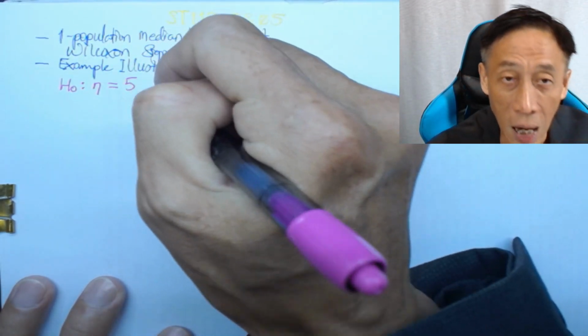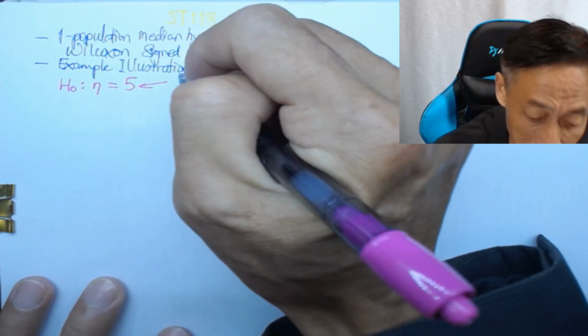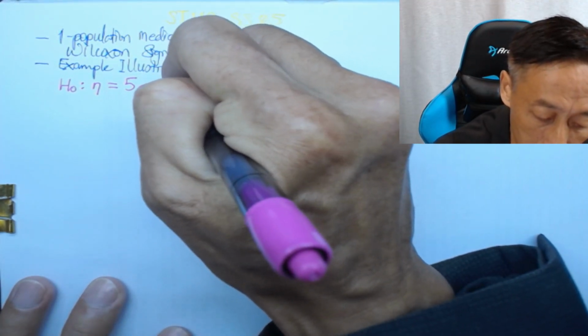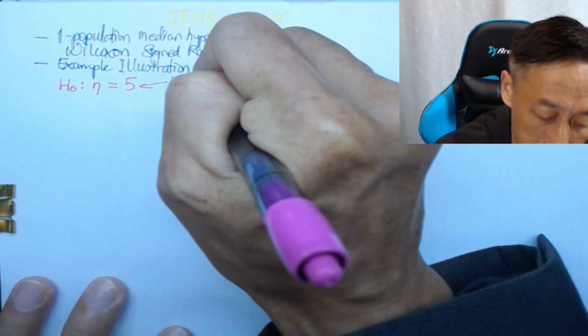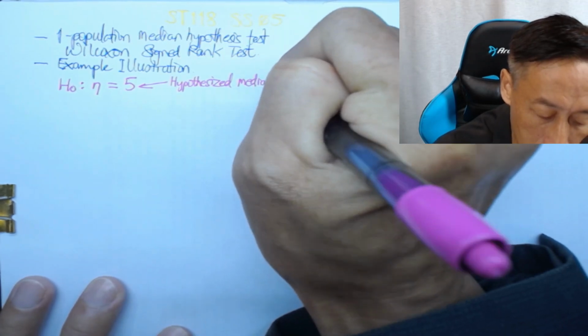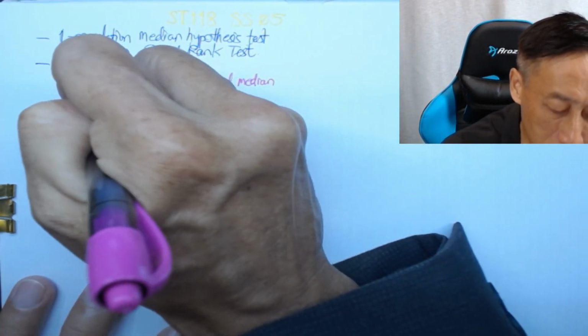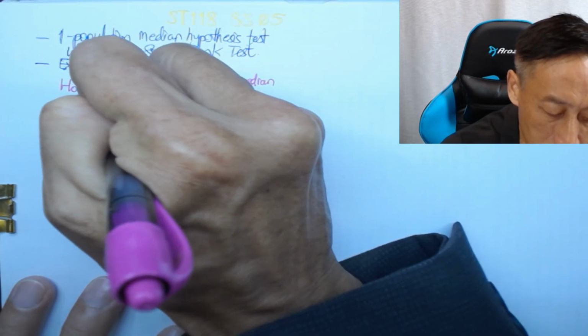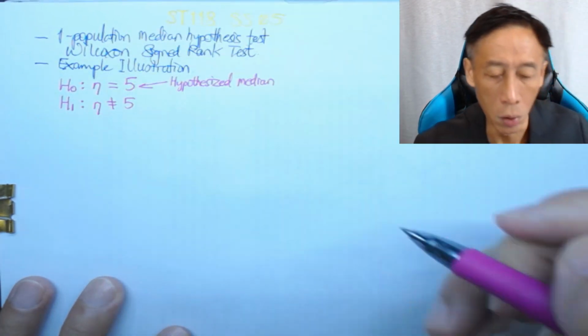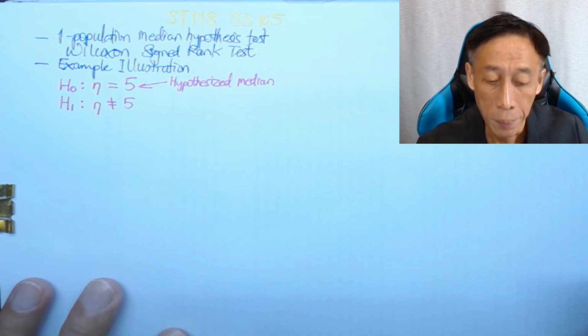And this is again the hypothesized median, much like we have a hypothesized mean, right? Okay, so let's suppose we are wondering whether the population median is 5 units or not. So that's our hypothesis statement.